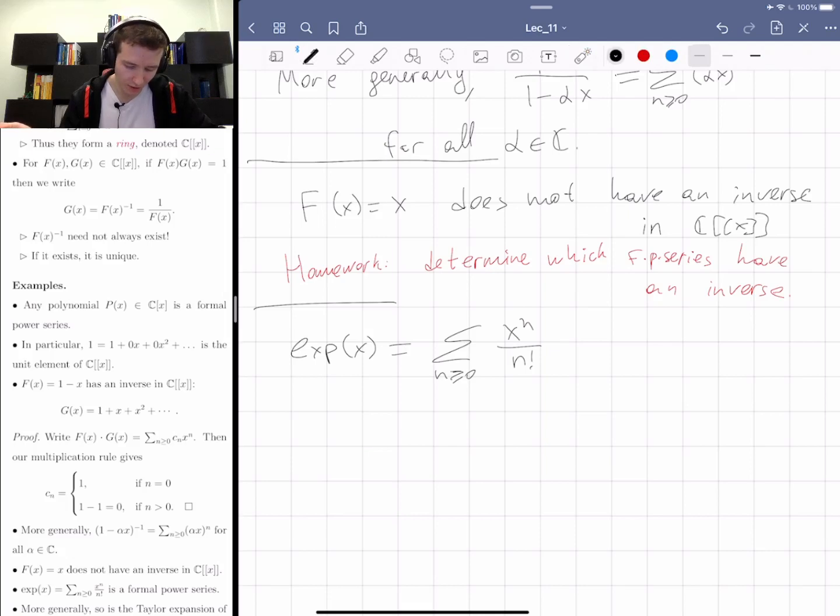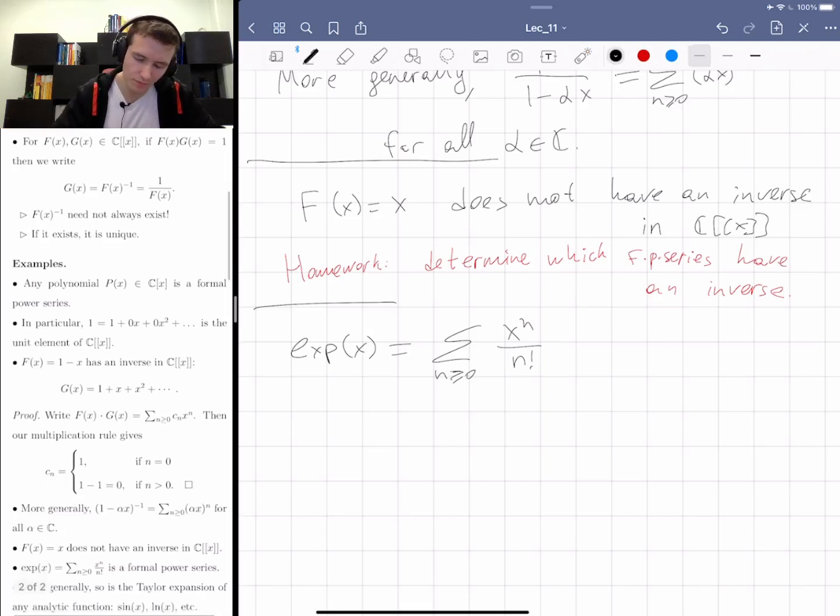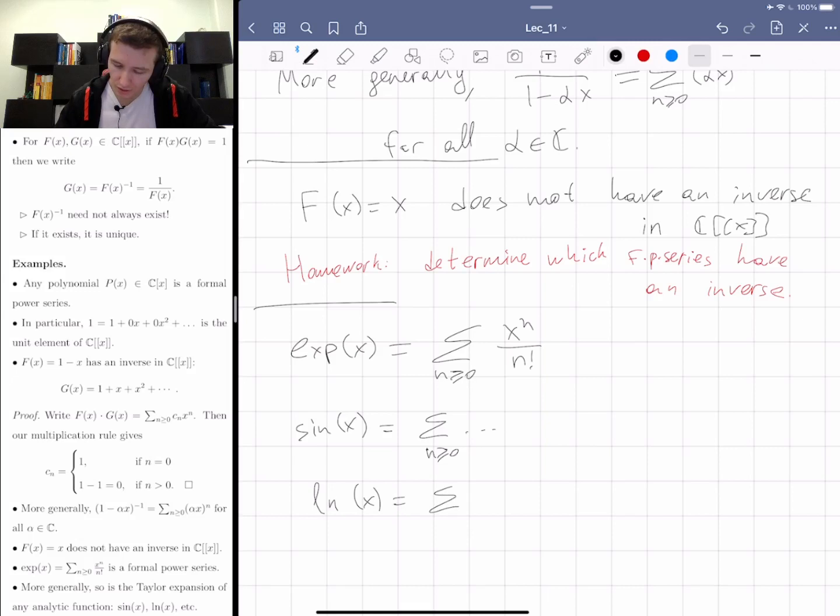So maybe you can also write down the sine of x, or the log of x, just like any hyperbolic functions.